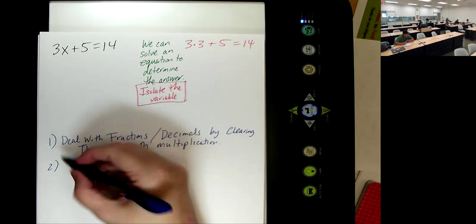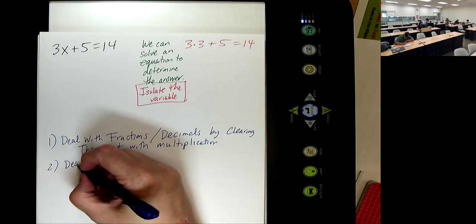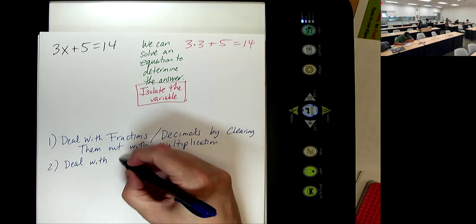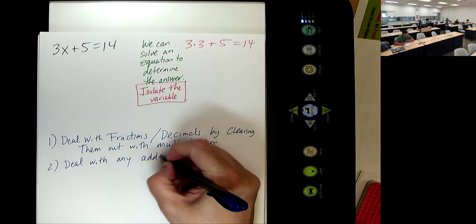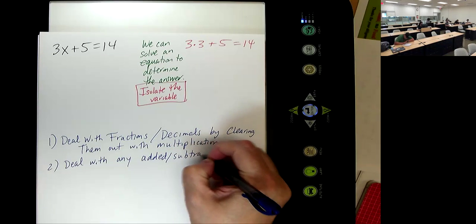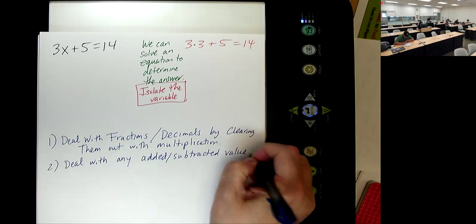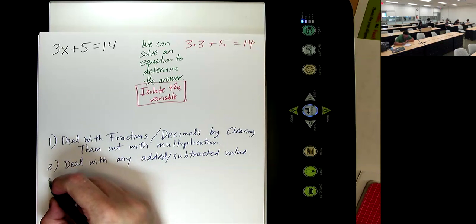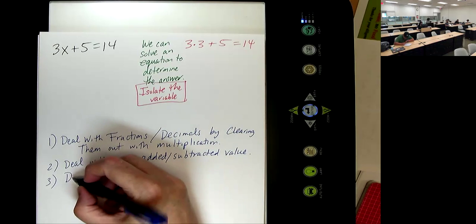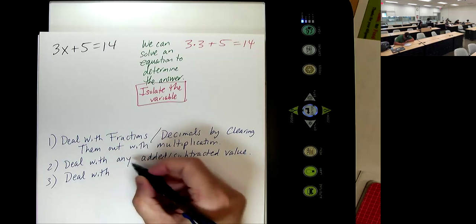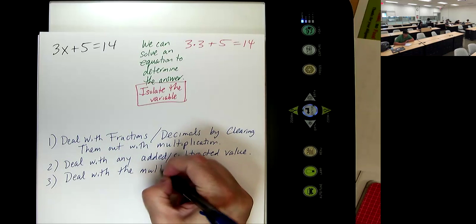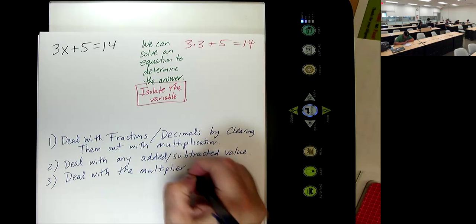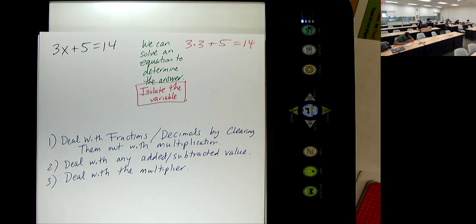Then 2, deal with any added or subtracted value. And then 3, deal with the number being multiplied by it. And we'll do all that right here. Well, we don't have fractions, so we won't do the fractions separately.